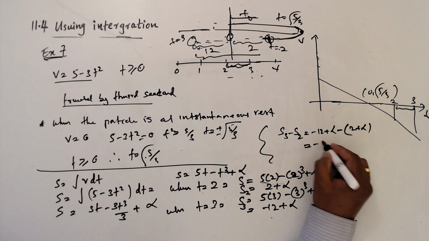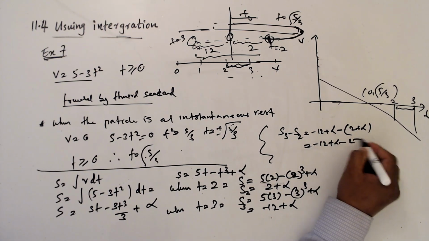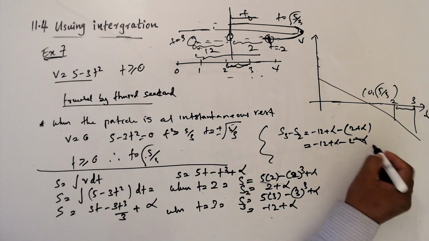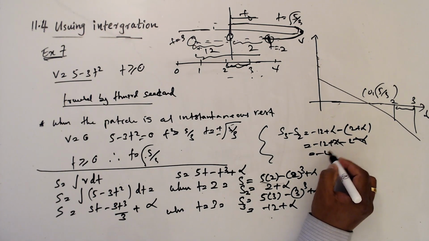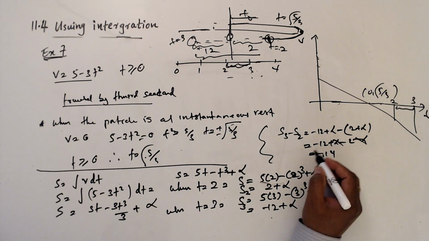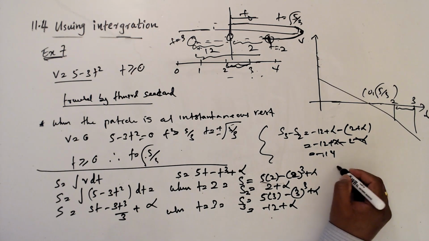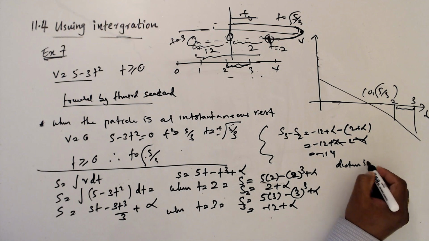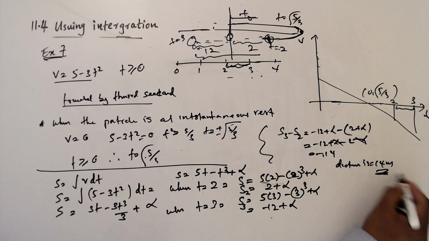So this is minus 12 plus alpha minus 2 minus alpha. The alpha cancels and you get minus 14 meters. So this is the total displacement, and the distance is 14 meters.